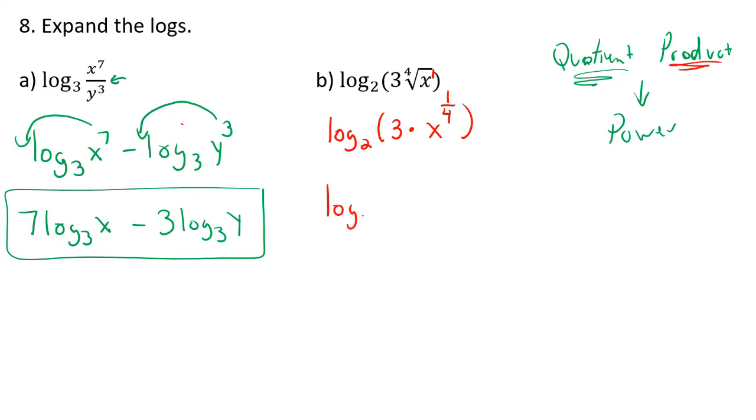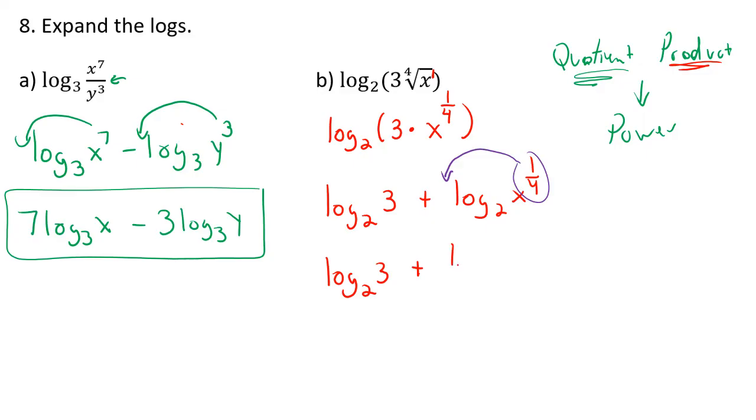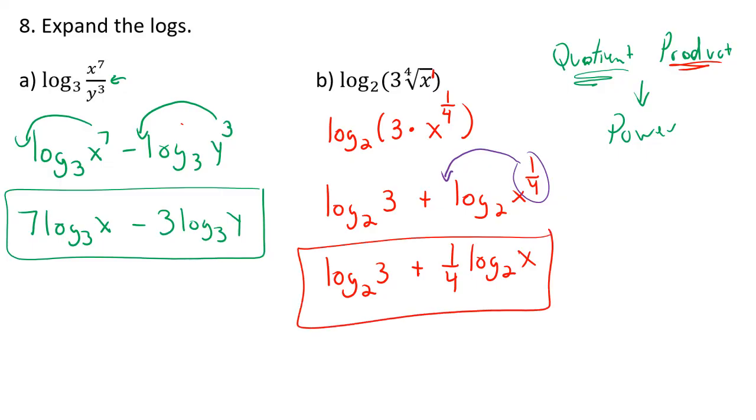So I have log base 2 of 3 plus log base 2 of x to the 1/4. Now, this time, only the x has an exponent, so it's the only thing that's going to get moved to the front. So I have log base 2 of 3 plus 1/4 log base 2 of x. And I've expanded.